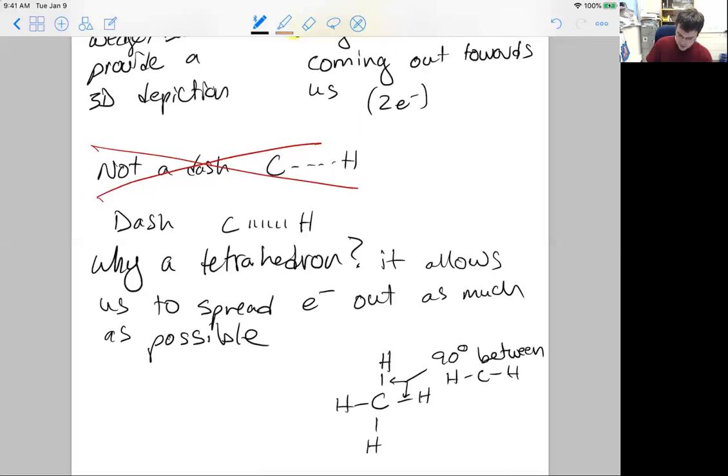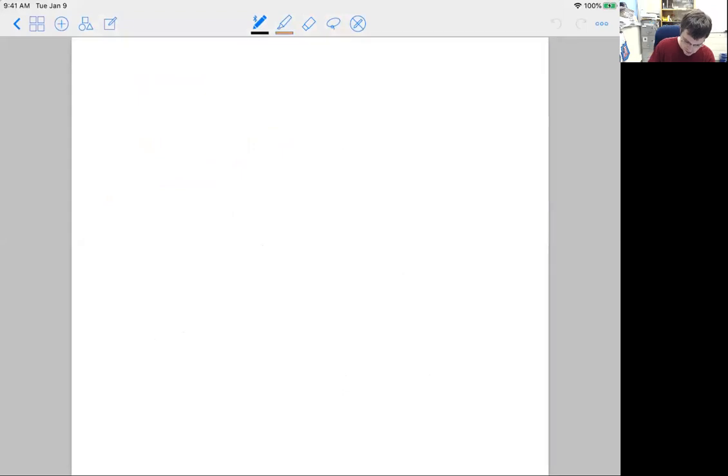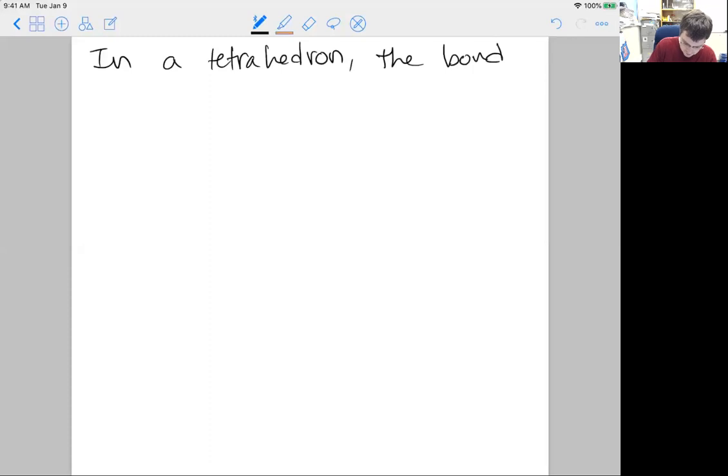When we spread them out and put them in a tetrahedron, and this is an important note, I'm going to go on to the next page. In a tetrahedron, the bond angle between any 2 atoms, let's put any 2 bonds actually, because there's actually 3 atoms that make a bond.